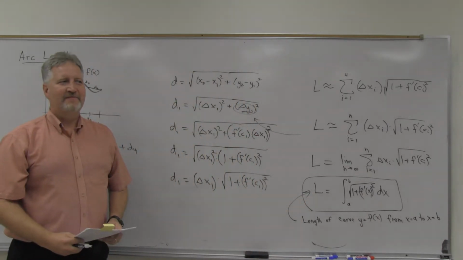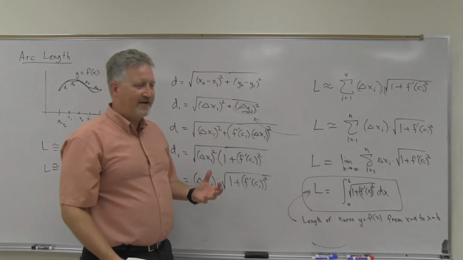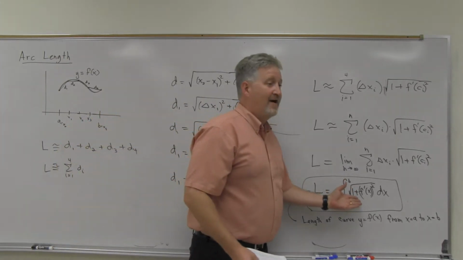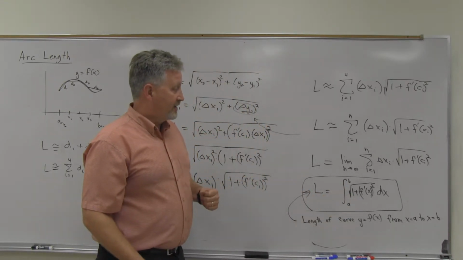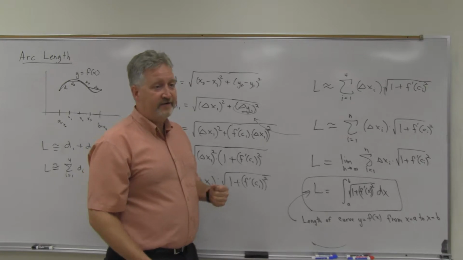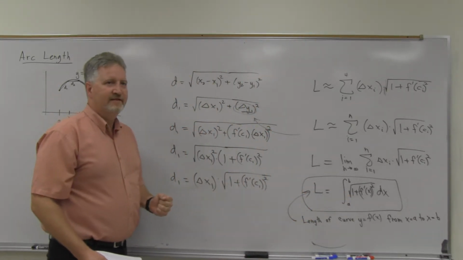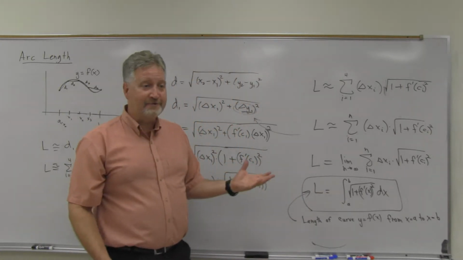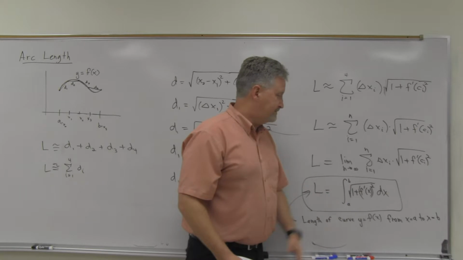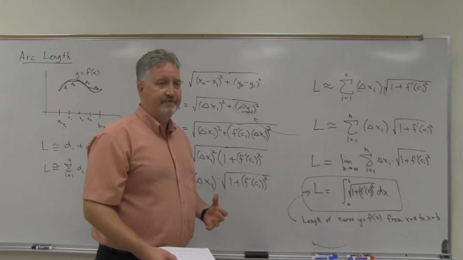As I mentioned, it's not just integrating f of x. It is a little complicated, and it can get really complicated really quickly, especially if you have a quotient as your function, but it is what it is.